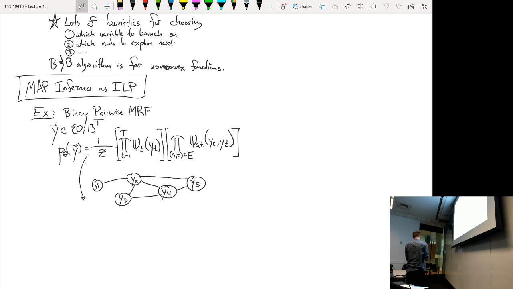So let's actually assume that psi st ys yt is defined as the exp of some score function.